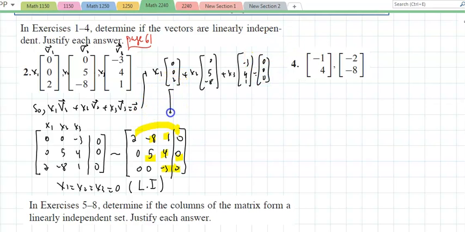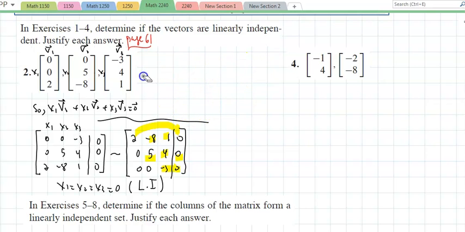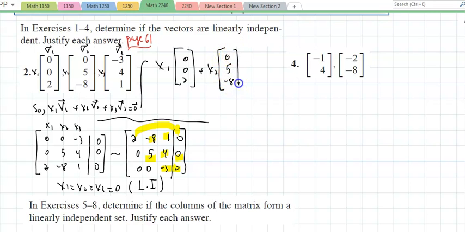And let's make sure we see it clearly because this is something we're going to use all throughout. And this becomes 0, 0, 2x1. Again, in case you want to see it, this becomes 0, 5x2, negative 8x3, and by definition, this is x1 times 0, 0, 2 plus x2 times 0, 5, negative 8 plus x3 times negative 3, 4, 1, and you're going to set that equal to the zero vector.